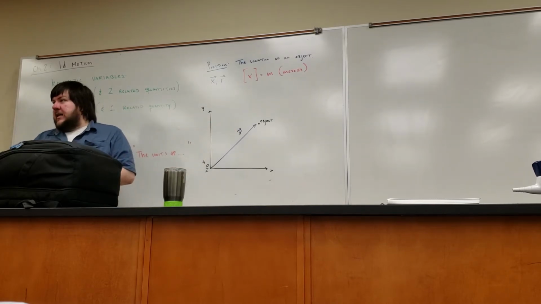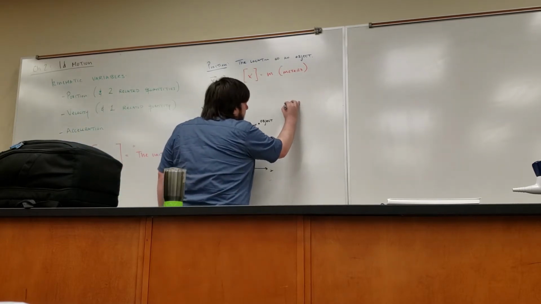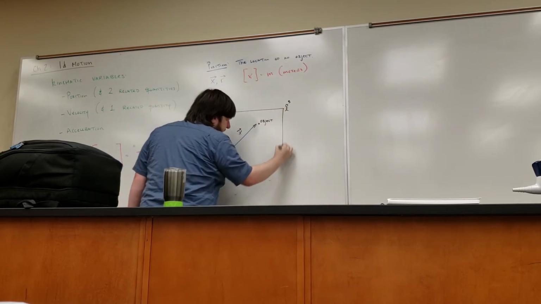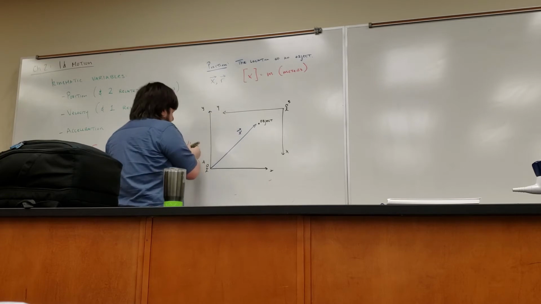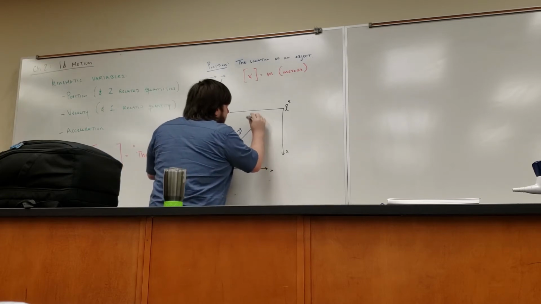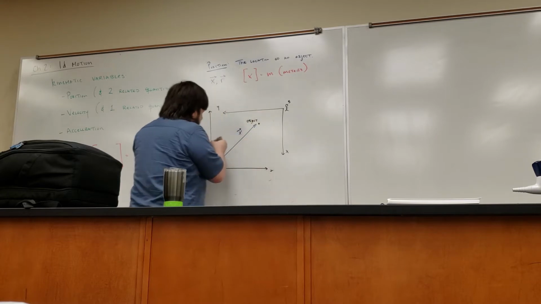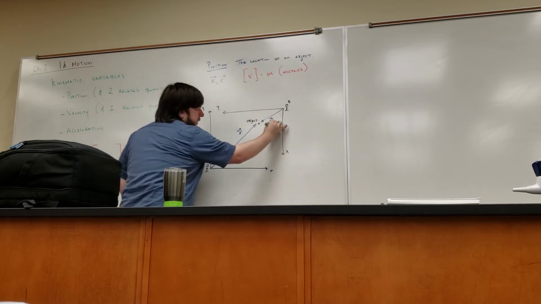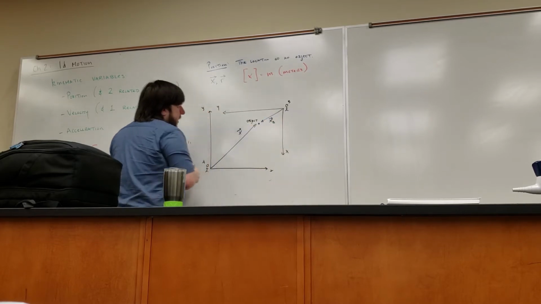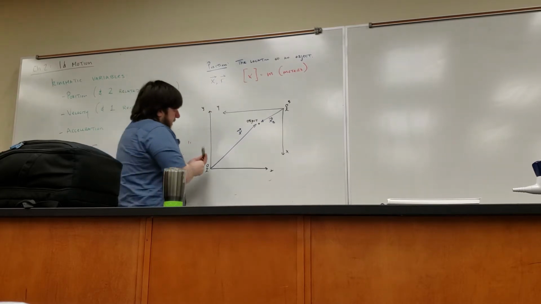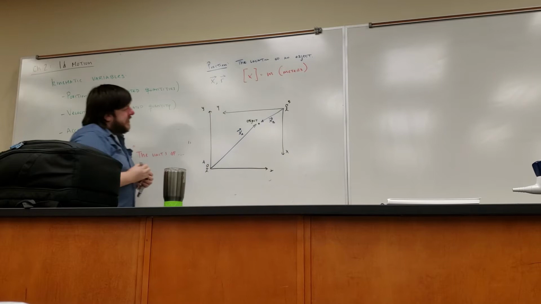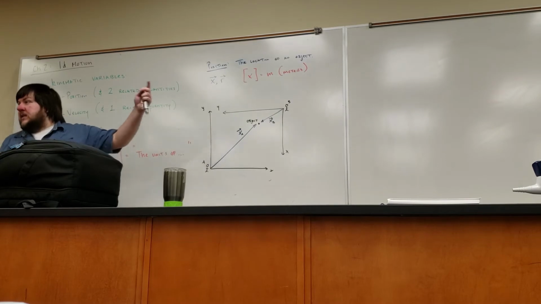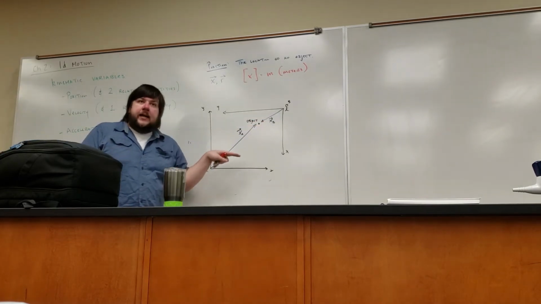If a second person, let's say Bob, was over here, and Bob chose this to be his coordinate system, here was Bob's X and here's Bob's Y, then the position that Bob measures is going to be dramatically different than the position that Alice measures. I'll put a little subscript of B there to denote the position that Bob measures, and a subscript of A here to denote the position that Alice measures. Those two vectors are not the same size, they don't point in the same direction, they're completely unrelated.